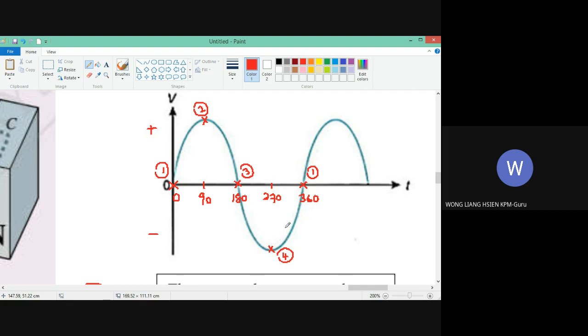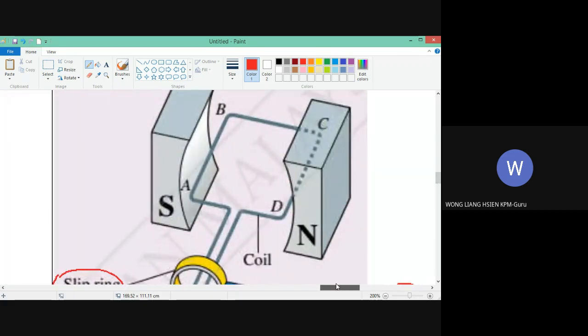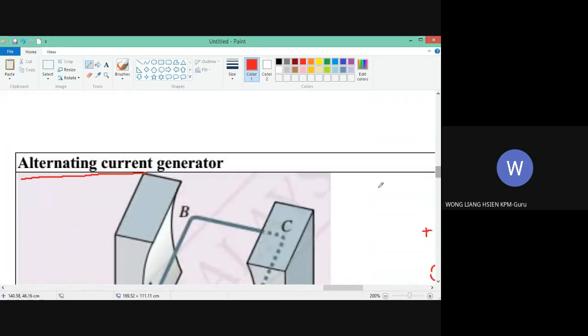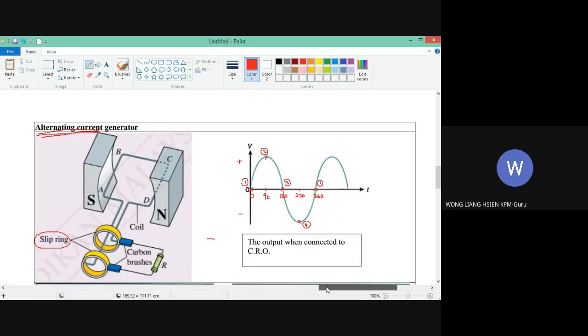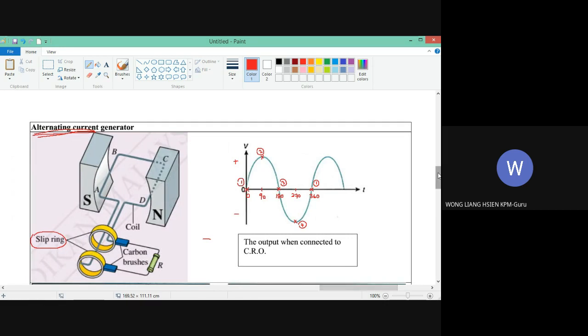Every time you rotate, the direction would change and change. So that means the current that is produced changes direction alternately. So this is an alternating current generator. Okay? So this is how the alternating current generator works.